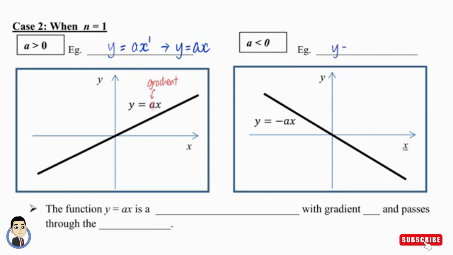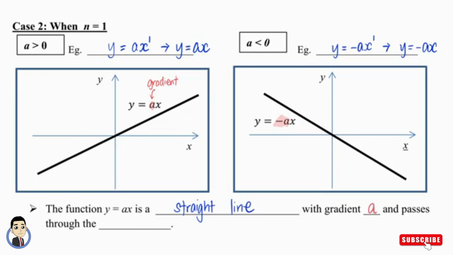If it is y equals negative ax, still to the power of 1, then it is simply y equals -ax. Again, it is a straight line, but because now the gradient is negative, it is sloping downwards. So this function is a straight line graph with gradient represented by a.